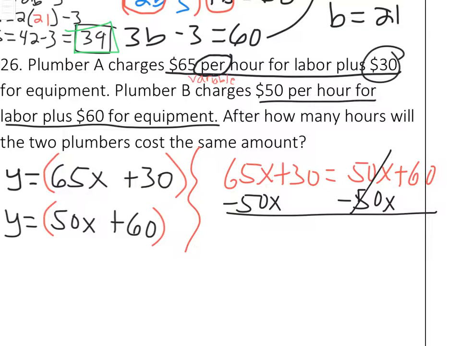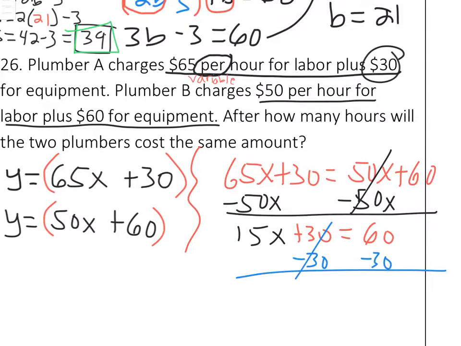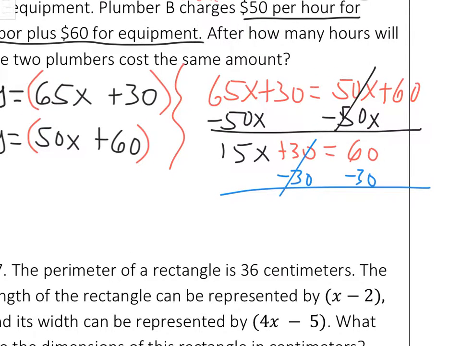So 65 minus 50x is going to give you 15x plus 30 is equal to 60. Then get the 30 on the other side with the 60. So you're going to do the opposite of that, and you're going to subtract 60. Or I'm sorry, subtract 30 on both sides. So that will give you 15x on the left side, and that is equal to 30.